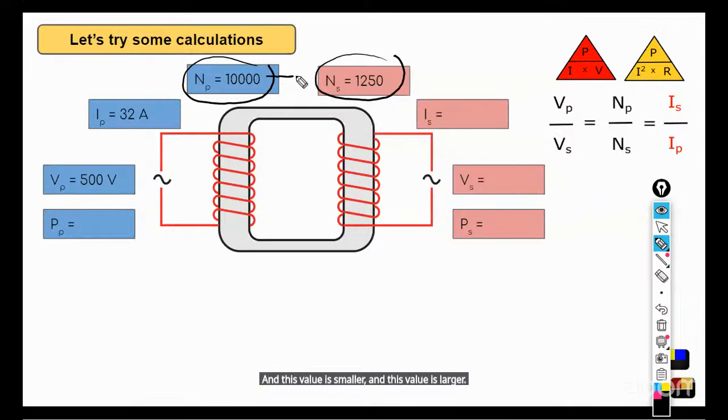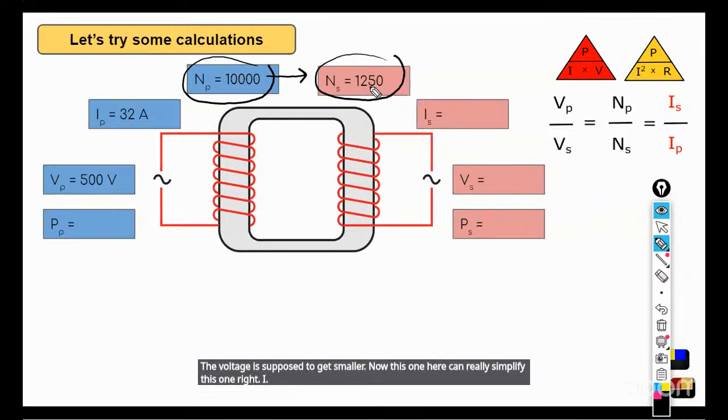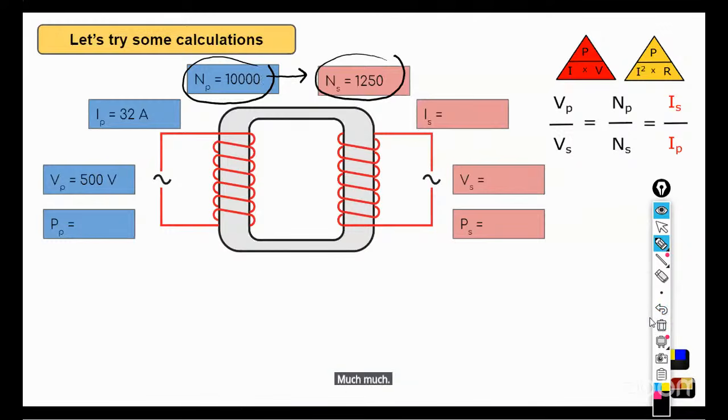So if the N values are getting smaller, that means it's a step down, which means the voltage is supposed to get smaller. Now, this one here, I can't really simplify, right? I'm going to have to use the whole values, the 1250 and the 10,000, unfortunately. The most I could do is scratch out a 10 here and a 10 there, but that isn't going to make anything much easier.